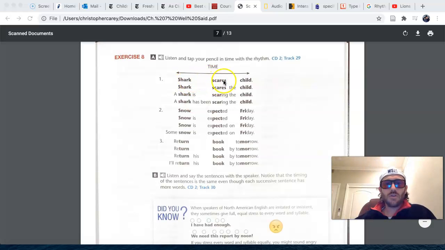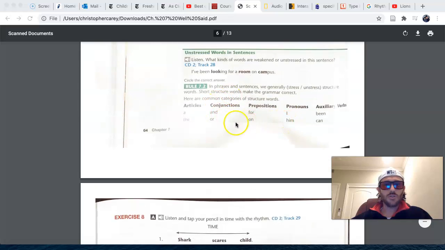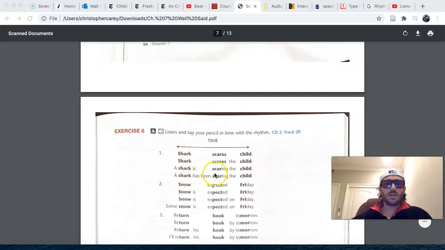Shark scares child. Boom, boom, boom, right? They're all stressed. All three content words, all three have strong beats. Shark scares the child. Bum, bum, bum, bum. Still three beats, yeah? The is an article. It is not stressed. A shark is scaring the child.